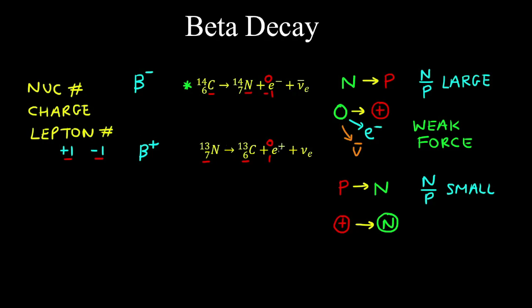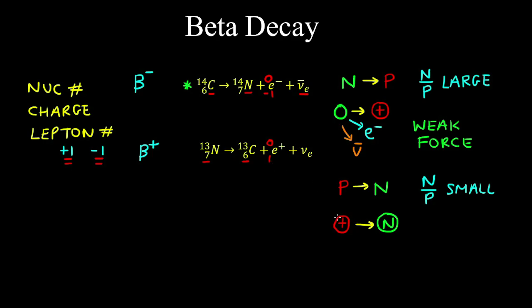So a positron, being an antiparticle of an electron, has a negative lepton number, and a neutrino has a positive lepton number. So recall its antiparticle had a negative lepton number. So that gives a total lepton number of 0 on the right hand side, and we don't have any leptons on the left, so the lepton number is also conserved.